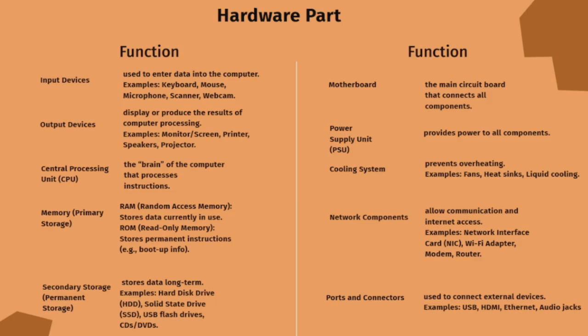We have the motherboard, which houses the computer parts. We have the power supply unit supplying power to the computer and all components. The cooling system, like the cooling fan inside the computer. Then the network component, and ports and connectors.